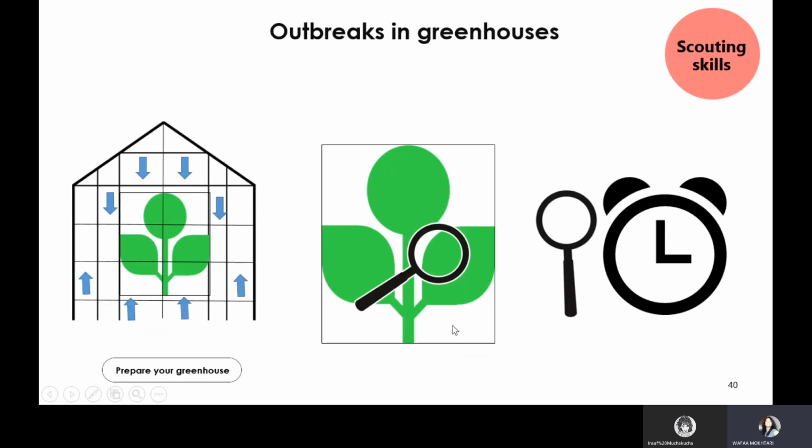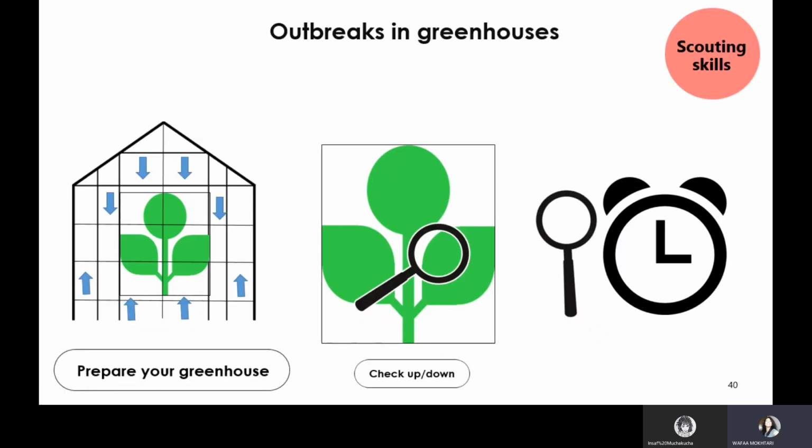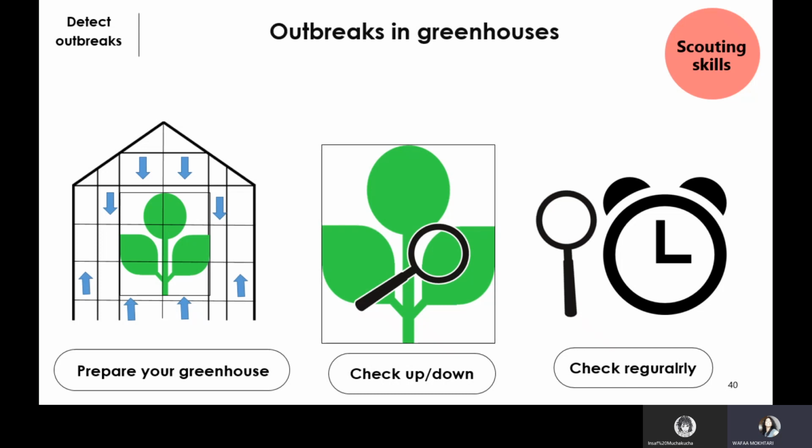Scouting skills. I was talking about scouting skills in the last slides. One of the scouting skills which is important to detect an outbreak is the following. You should prepare your greenhouse. You see the pathway, I mean, from where you will start the scouting.